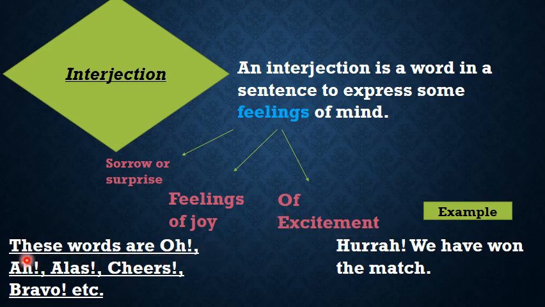Interjections are words like oh, ah, alas, cheers, bravo, etc. Oh is used for surprise. Bravo is for congratulations, for example, when a person does something extraordinary. An example is given over here: Hurrah, we have won the match. It is showing excitement and happiness.